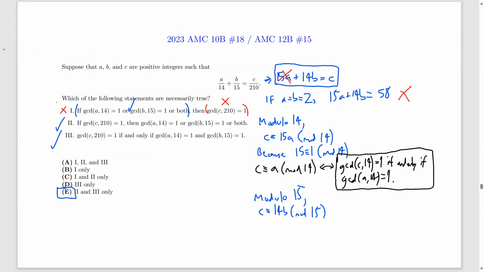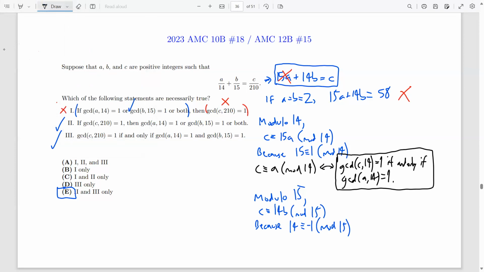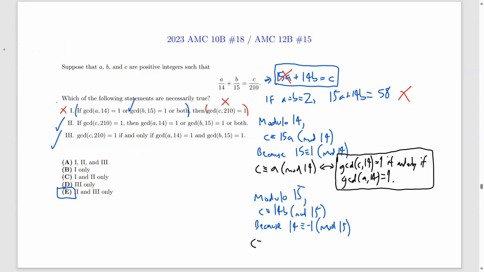And because 14 is congruent to minus 1 mod 15, we therefore obtain that c is congruent to minus b mod 15.